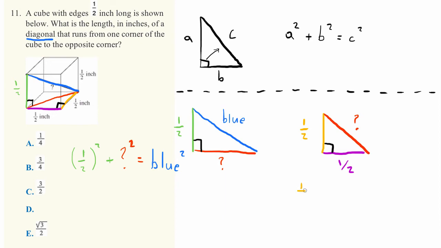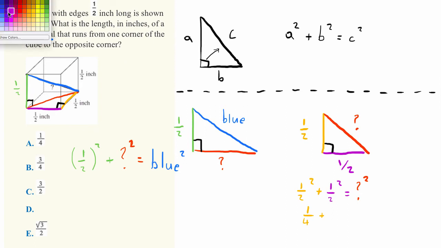We have 1/2 squared plus 1/2 squared is equal to the length of question mark squared. 1/2 squared is 1/4, so 1/4 plus 1/4 is equal to the length of question mark squared.